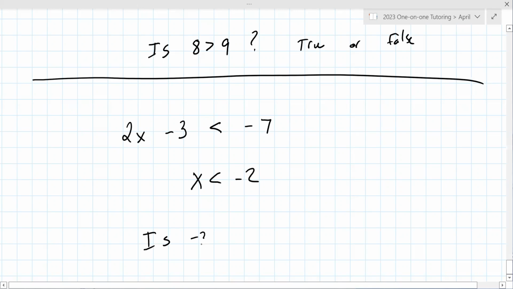Is -3 less than -2? Is this true or false? True. This is true. Yes, very good.